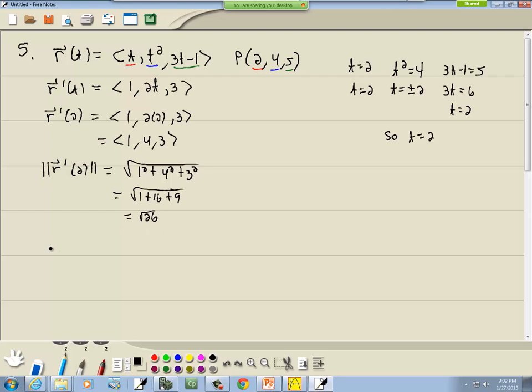So then our tangent vector at 2 is going to equal r prime at 2 divided by the magnitude of r prime at 2.